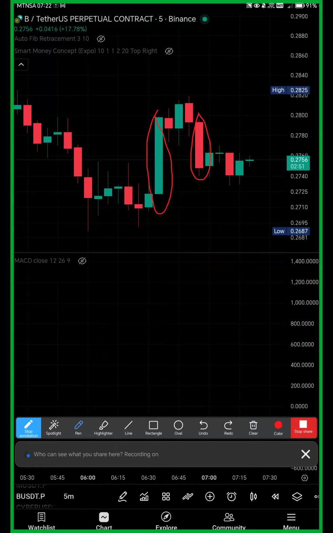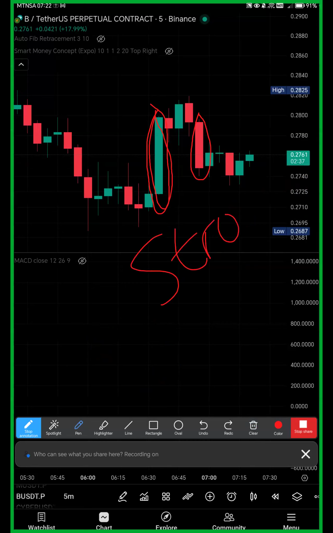If long-bodied candlesticks tell us strong pressure, what about short-bodied candles? It means the opposite. If long-bodied candles convey strong pressure, short-bodied candles convey the opposite.